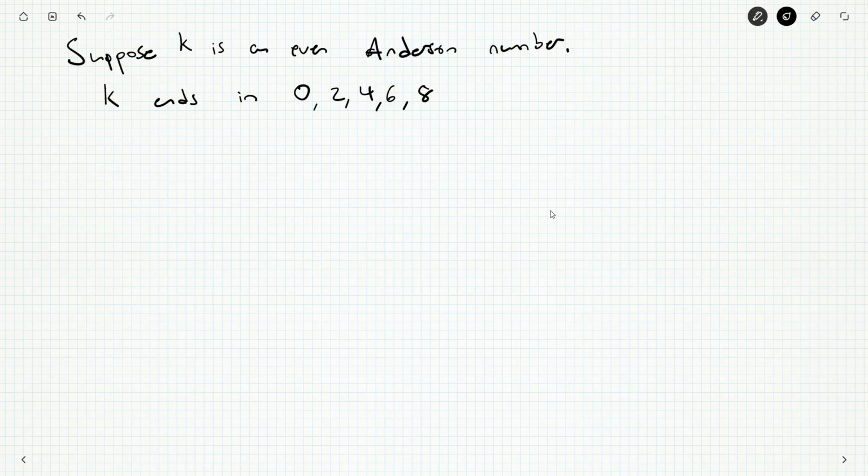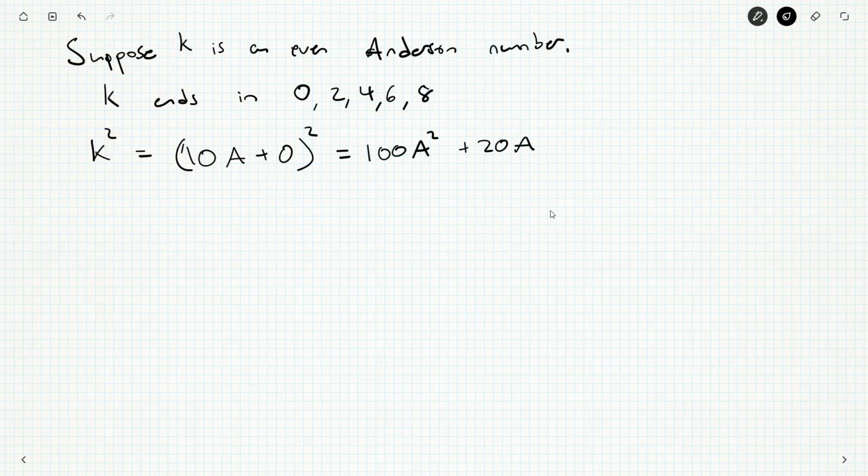Because when I square k, I want to be able to have that units digit kicking around. So we'll get 100a squared, and that will not have a tens digit or a units digit, plus 20a plus 0 squared.